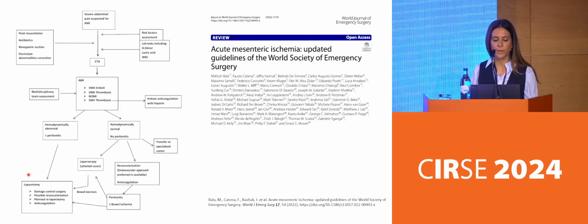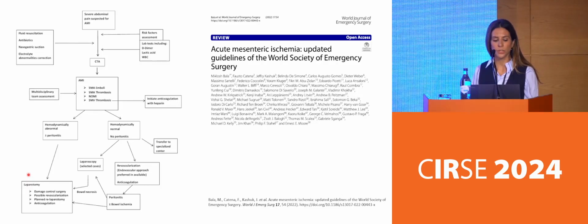So if we have a patient with a suspicion of acute mesenteric ischemia, look for risk factors. You can ask for some lab tests that can help you to know if there is acidosis and organ failure, and start immediately fluid resuscitation, antibiotics, nasogastric tube position, and correction of the electrolyte abnormalities.